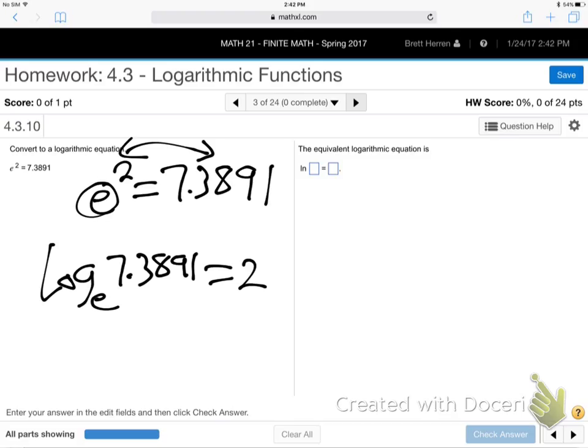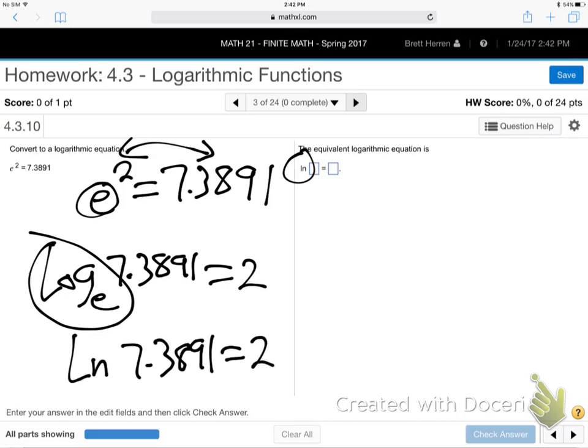Whether you gain a new log word that wasn't there or you lose one that was there, base stays the base, other two switch. But now, what is log base e? We have a special phrase. It's ln. What does that stand for? ln, those of you who passed intermediate algebra, I'm just giving you a hard time today. It's a prerequisite. Natural log.